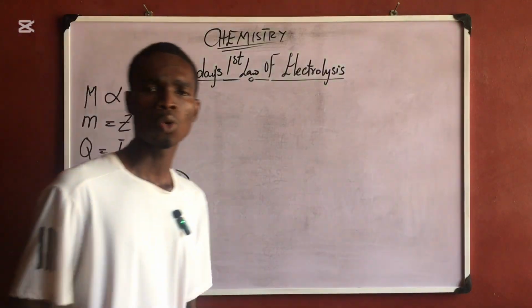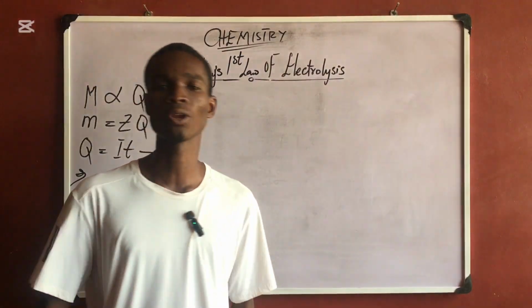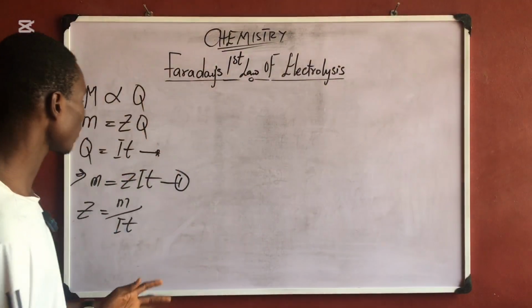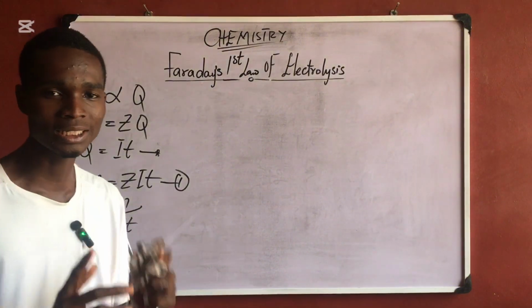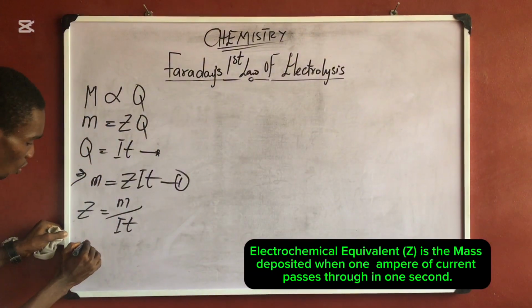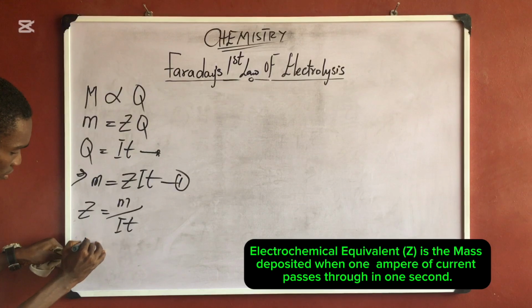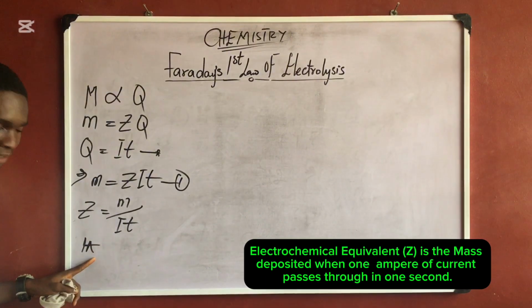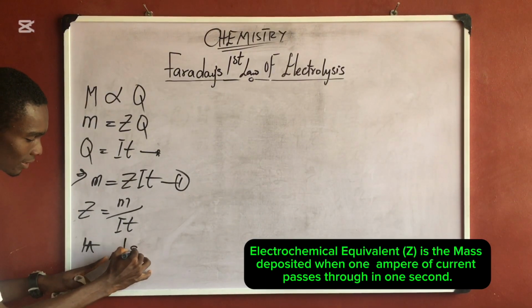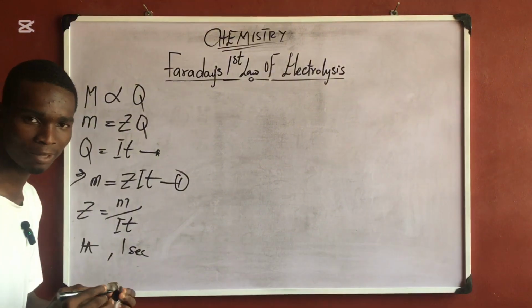Now, what is the electrochemical equivalent? The electrochemical equivalent is the mass deposited when 1 ampere of current passes through for 1 second. You get what I mean?